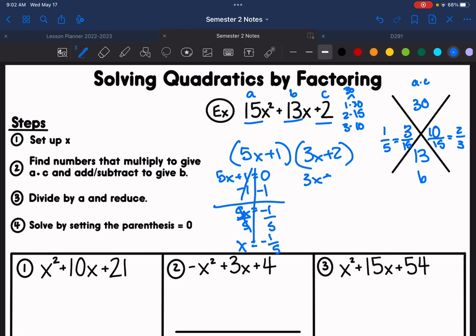Okay, well, let's check and see if the same thing happens with this one. We got 3x plus 2 equals 0. Again, I want to solve this. So I'm going to do -2 on both sides. Cancel. I got 3x equals -2. Divide by 3. Cancel. So I'm left with x equals -2/3.